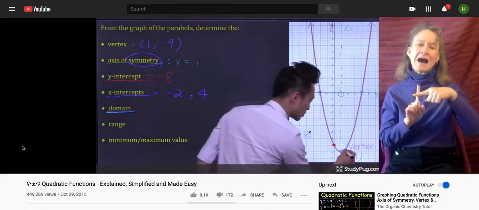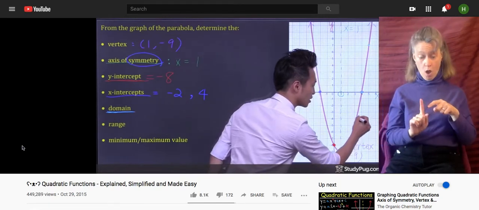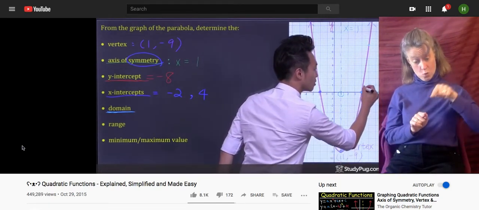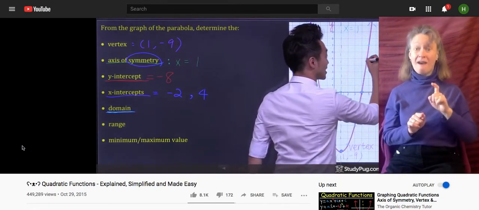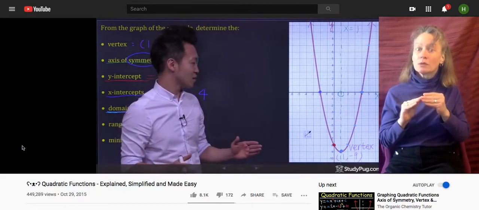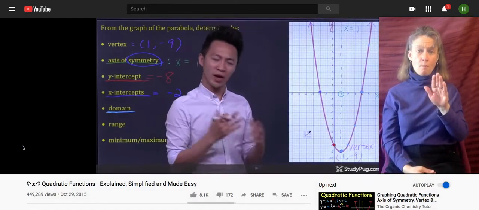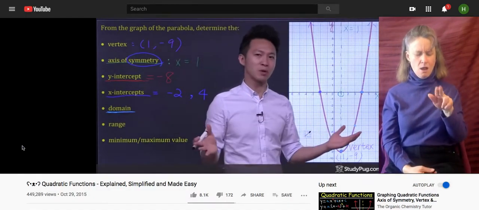Now, if you take any points in between, see, these points, the x values are positive decimal numbers, right? So a parabola can take on any positive values for x, whether they are integers or decimal numbers.